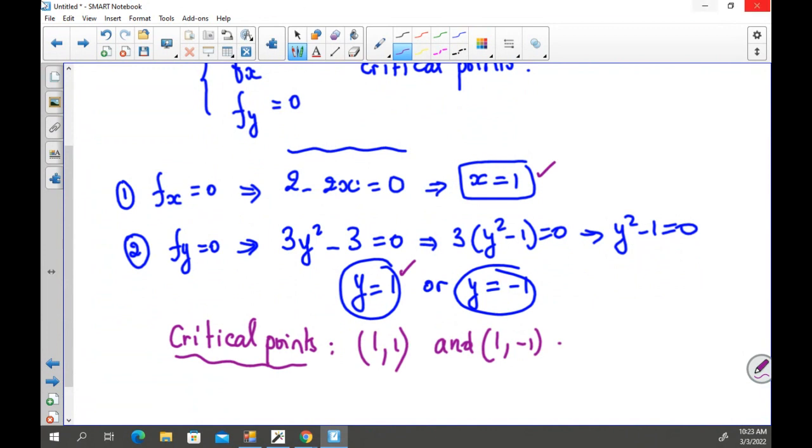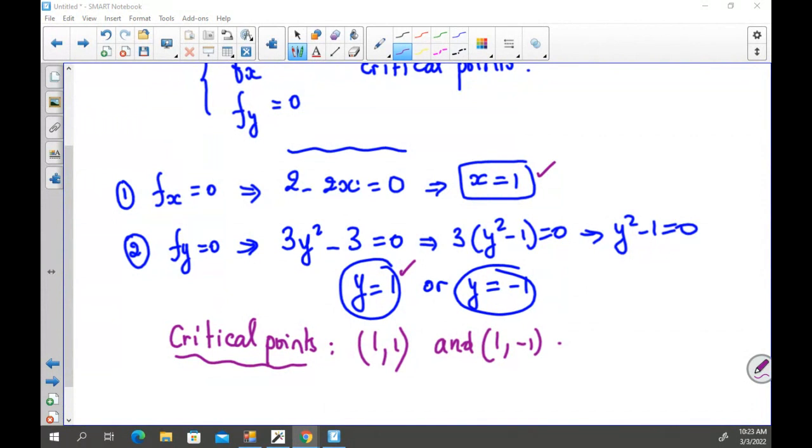Review. So here, what is the right answer? A, B, C, or D? B, yeah? B. 1 and minus 1 and 1 and 1. So B is the correct answer. Any question regarding this?